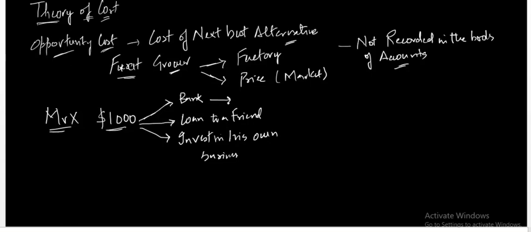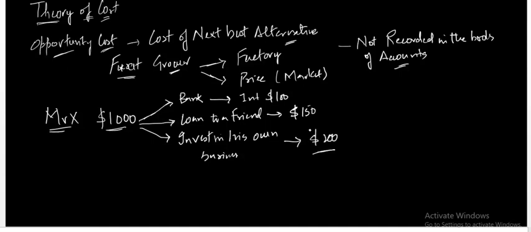Say the bank is going to provide him an interest of $100, and this friend is going to give him an additional amount of, say, $150, and if he goes for the business he is going to earn some $200.